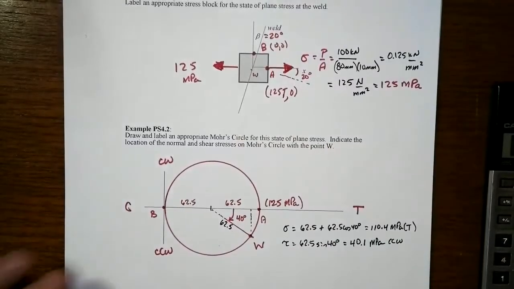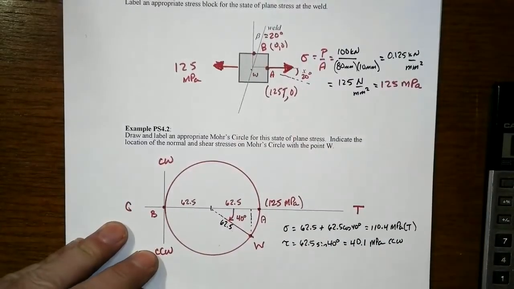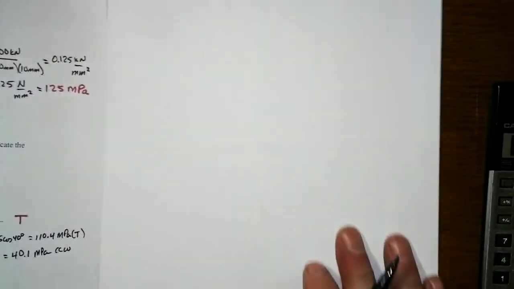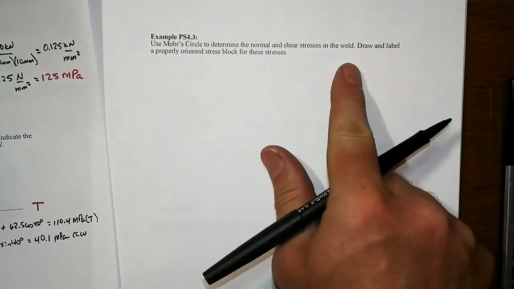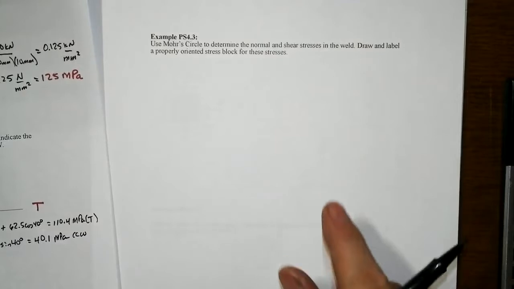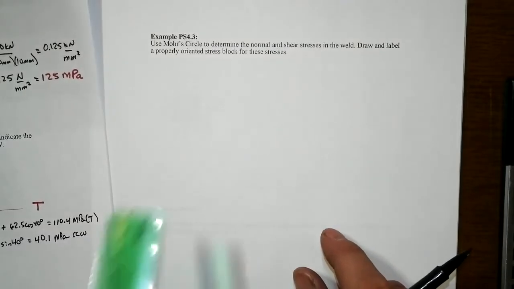So those are the stresses on the weld, and that's what they're asking us to do here: use Mohr circle to determine the normal and shear stress on the weld. We just did that. Next: draw and label a properly oriented stress block for these stresses.